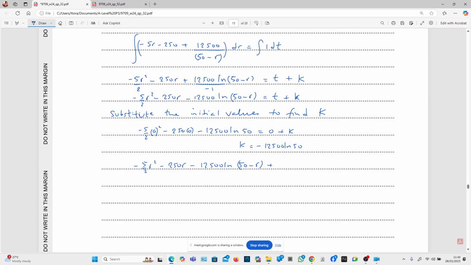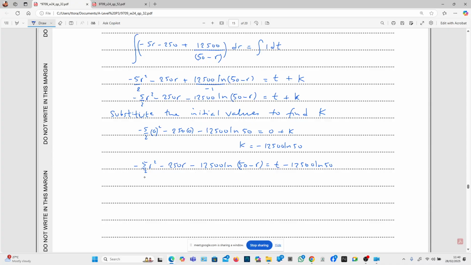is equal to t, and then plus k, and k was found to be minus 12,500 ln 50. Now, we want to find t in terms of r, so everything here that is connected with t can be sent over to the other side.